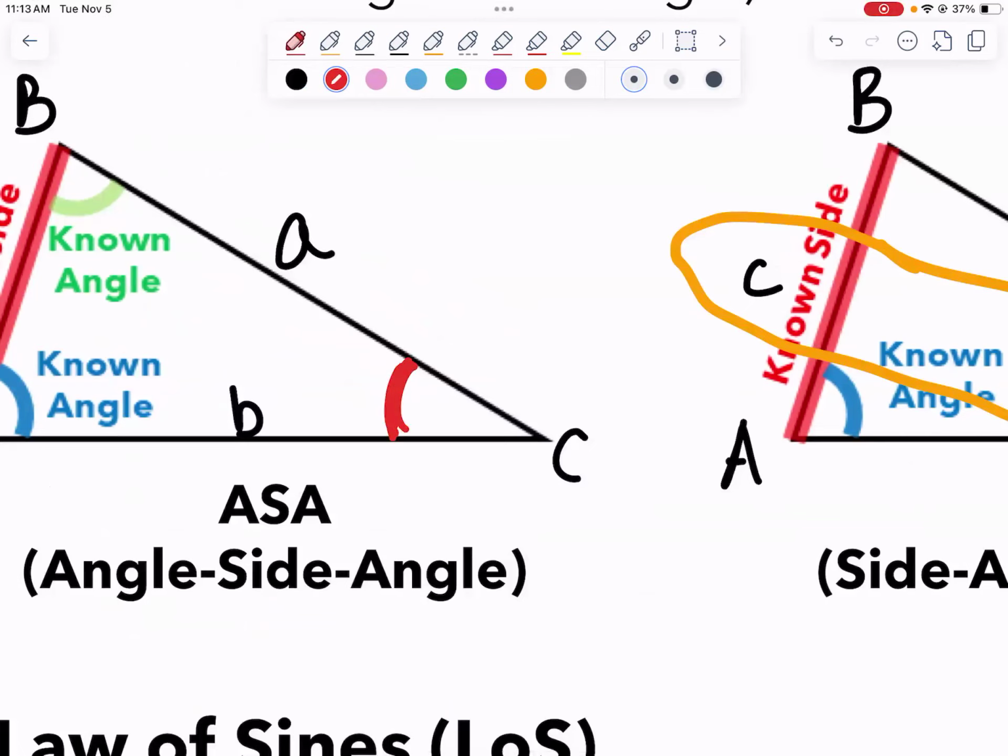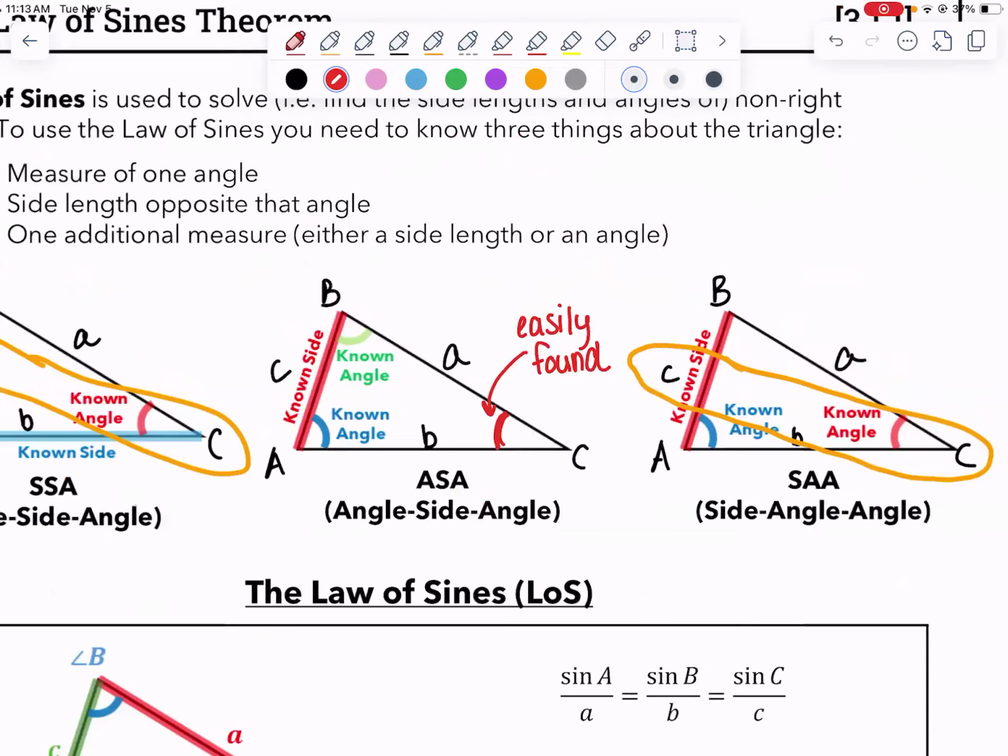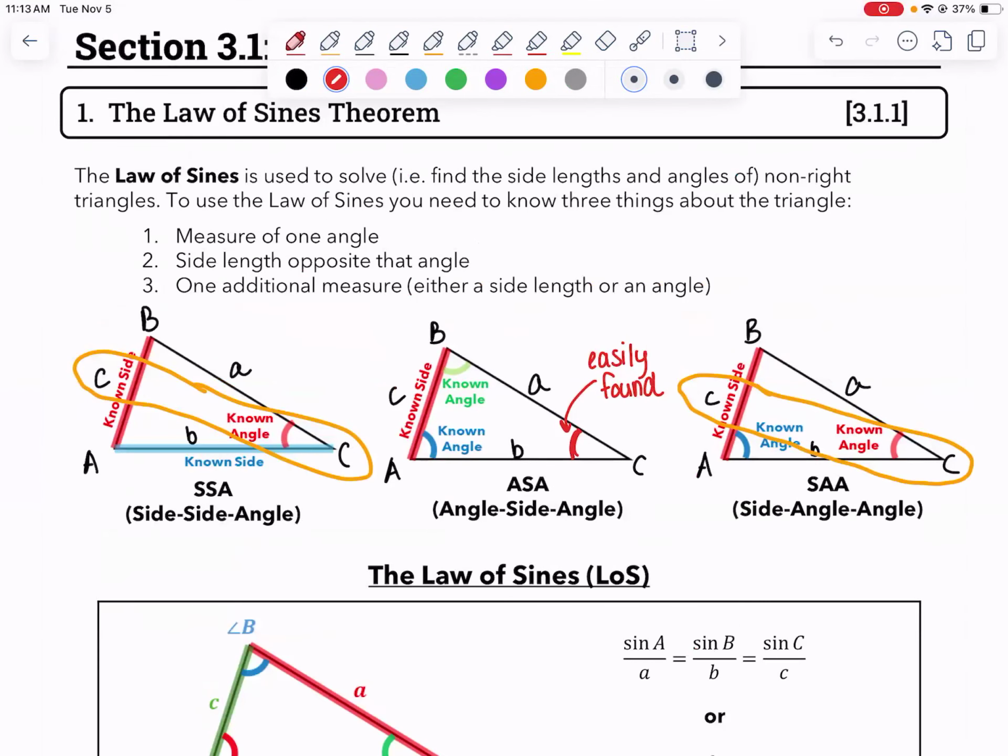We can find this angle. If you know two angles in a triangle, you can find the other. It's just 180 degrees minus the other two angles. Easily found. So you really do have that angle because you can do 180 minus the other two. So you have, boom, both of those.